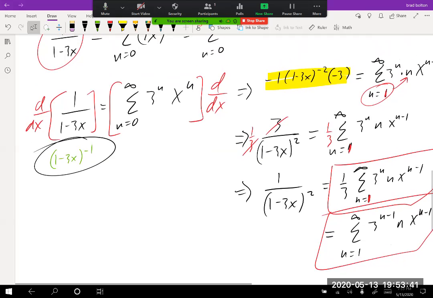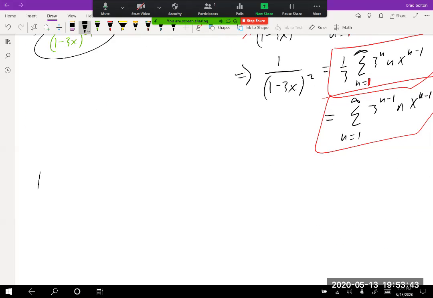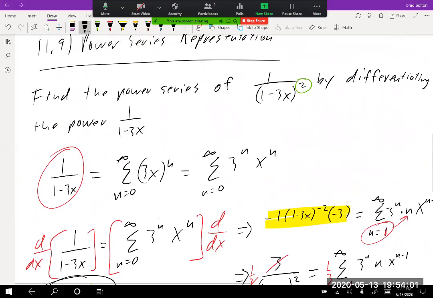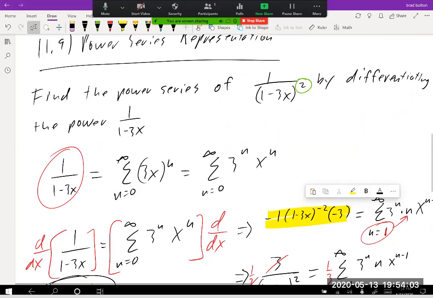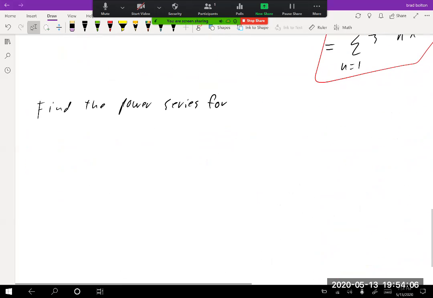What if somebody said, I want you to find the power series for, and let's do the exact same thing, 1 over (1 minus 3x) squared, but let's change this to an x cubed, okay?